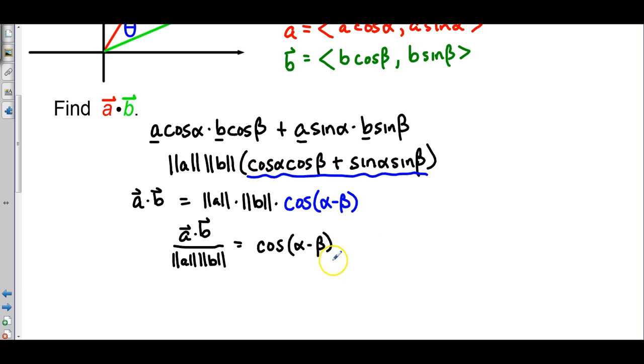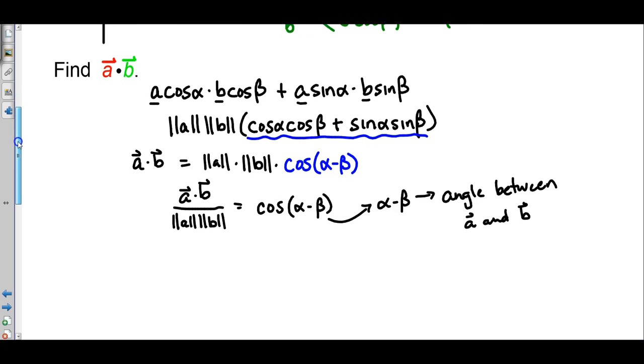And again, why is this important? Because alpha minus beta gives us the angle between the two vectors, between vector A and vector B.